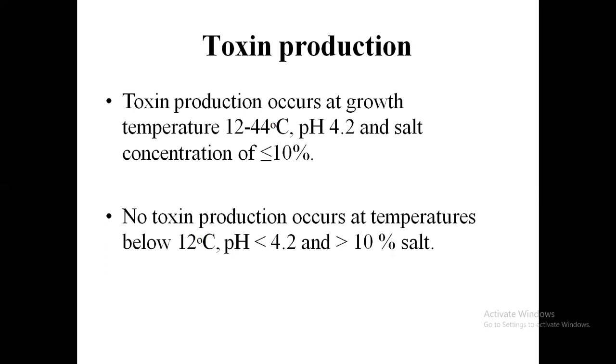And these toxins cannot grow in a salt concentration of more than 10%. At any temperature below 12 degrees, there is no toxin production, and also at pH less than 4.2. That's why we keep foods in the refrigerator, which does not allow toxins to be produced.